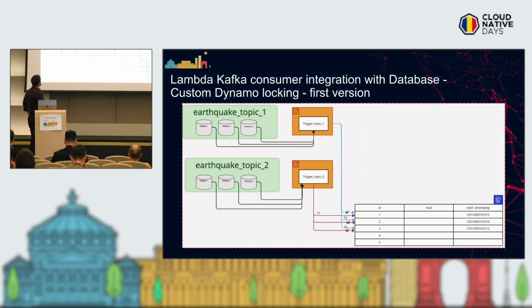I will describe a bit the first version of the Dynamo locking. So basically how a user is notified from that invocation, which comes from a certain partition from the Kafka cluster. Like I've said, every partition is linked to a certain code execution, so it triggers a Lambda code execution, which will act on a certain user.